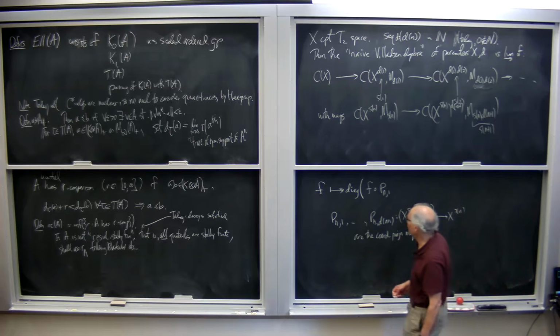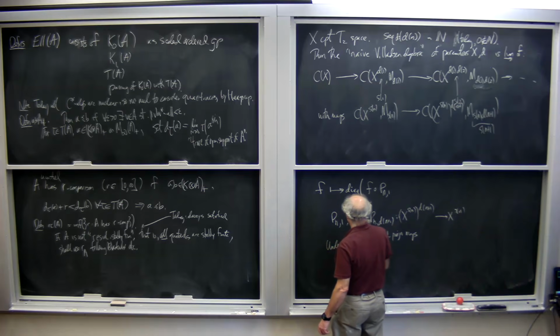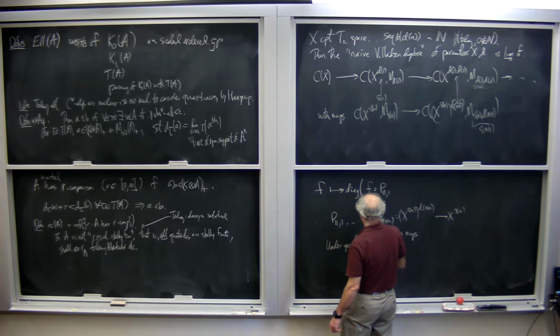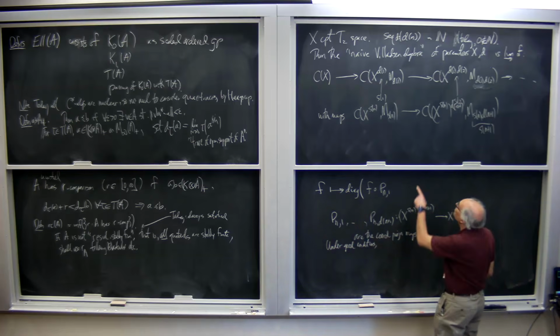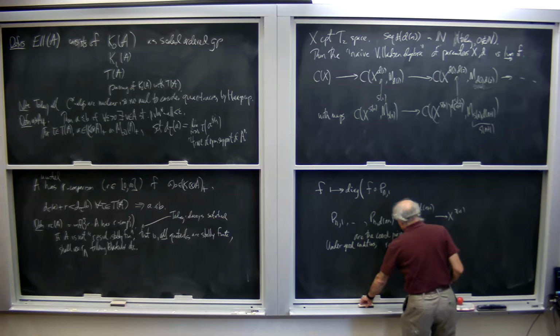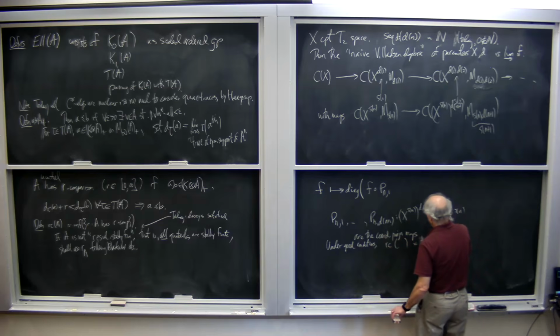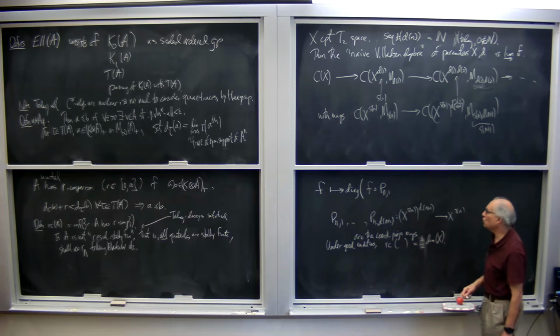So under good conditions, this algebra will have radius of comparison the dimension of X. Sorry, half the dimension of X. Things can go wrong.